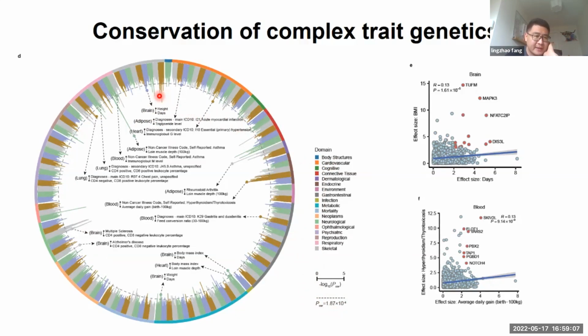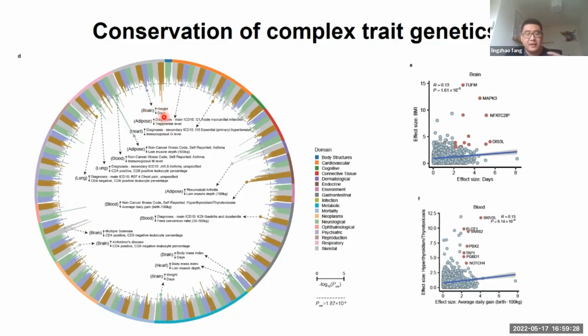So we can see a lot of significant correlation between the orthologous genes in terms of the effect size on similar traits. As one example, in brain we found the top correlation and conservation between human height and the days.